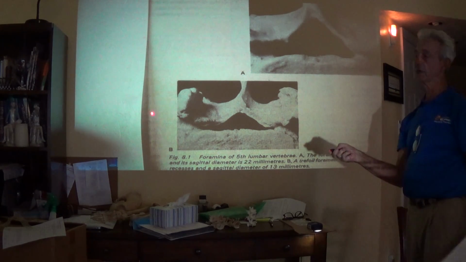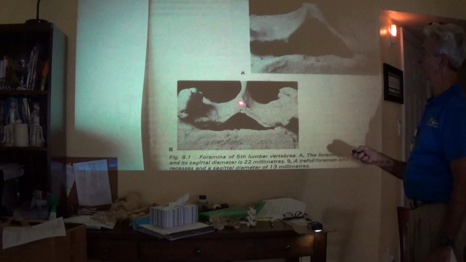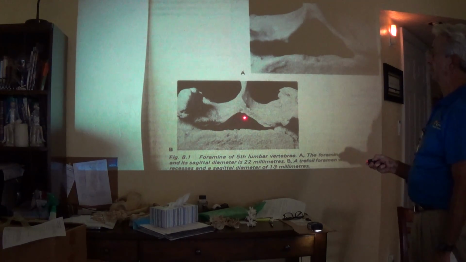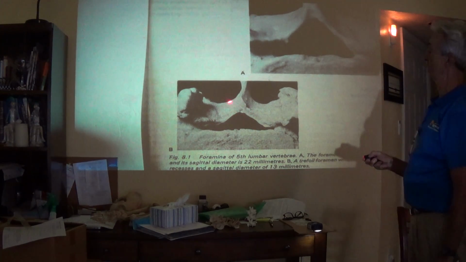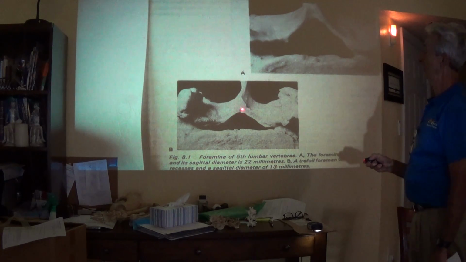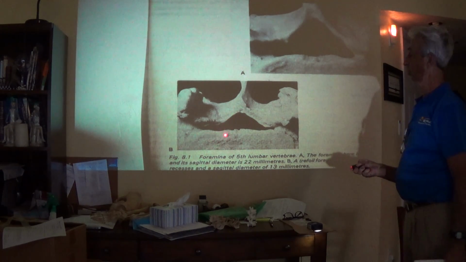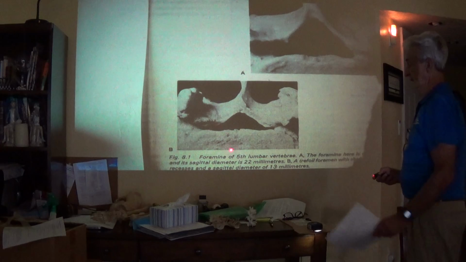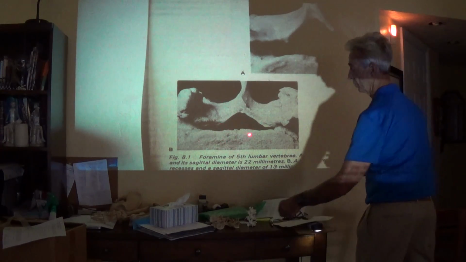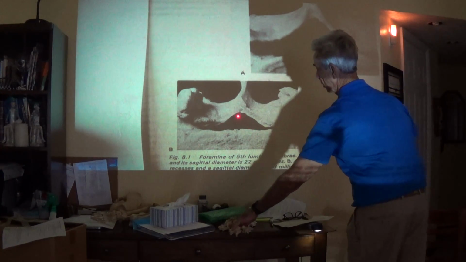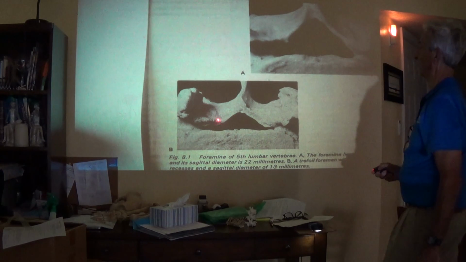In the lumbar spine, the neural canal is fairly large and round to accept the cauda equina, but as you go down from L1 to L4 or 5, that neural canal becomes more trefoil or triangular in shape.